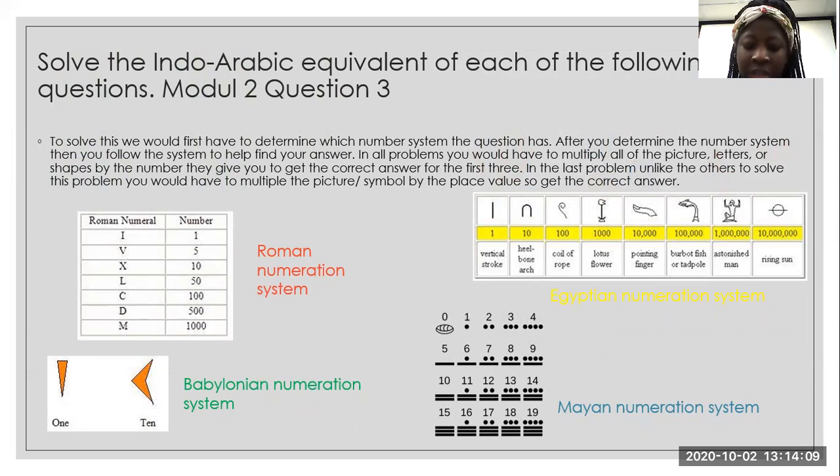We'll also have to multiply how many they give us by the value they give us in our number system. Now, Mayan number system is a little different, but we'll show you that when we get to it.